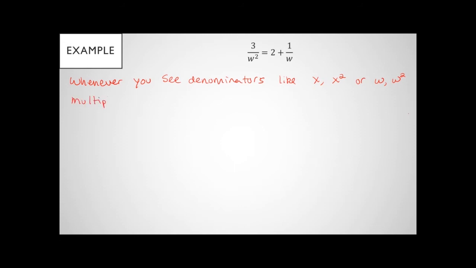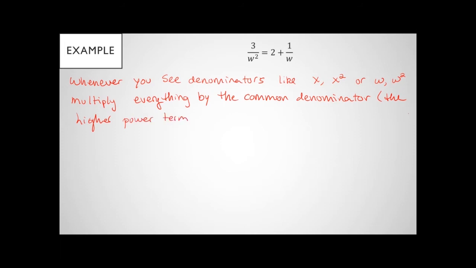So we will multiply everything by the common denominator, which is the higher power term. So in this case, we'd be multiplying everything by w squared.